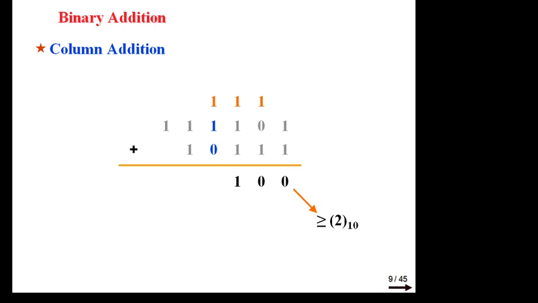And 1 plus 1, 2. 2 minus 2, 0, and 1 carry. 1 plus 1 plus 1, 3. 3 minus 2, 1, and 1 carry. Then 1 plus 1, 0, and 1 carry. In this way you can determine. And in any number system, either base 6, base 8, base 10, base 16, or base 2, you can apply this method. This is a general method.